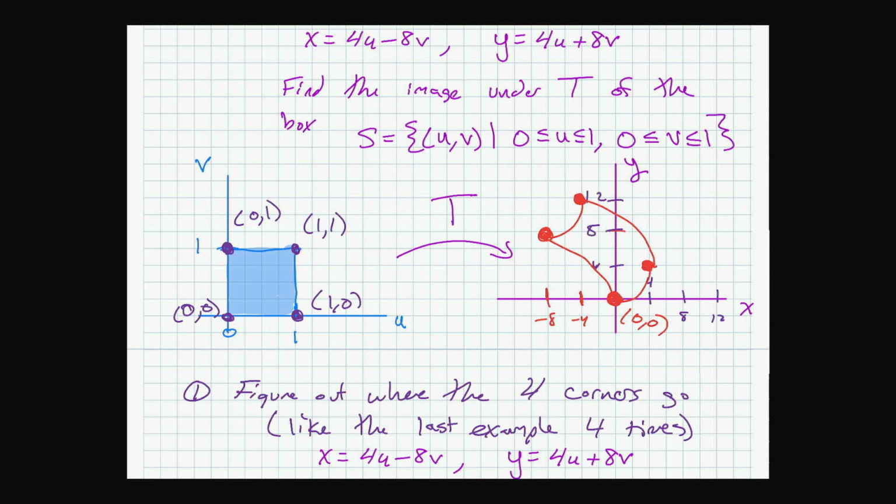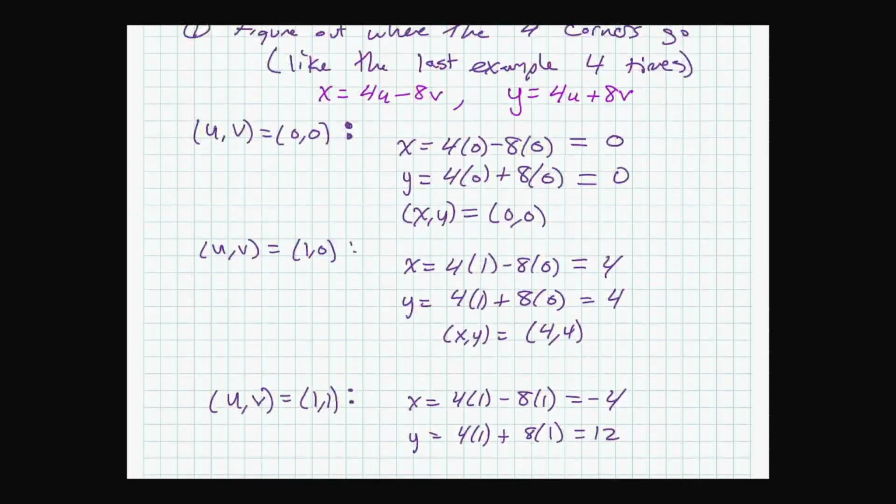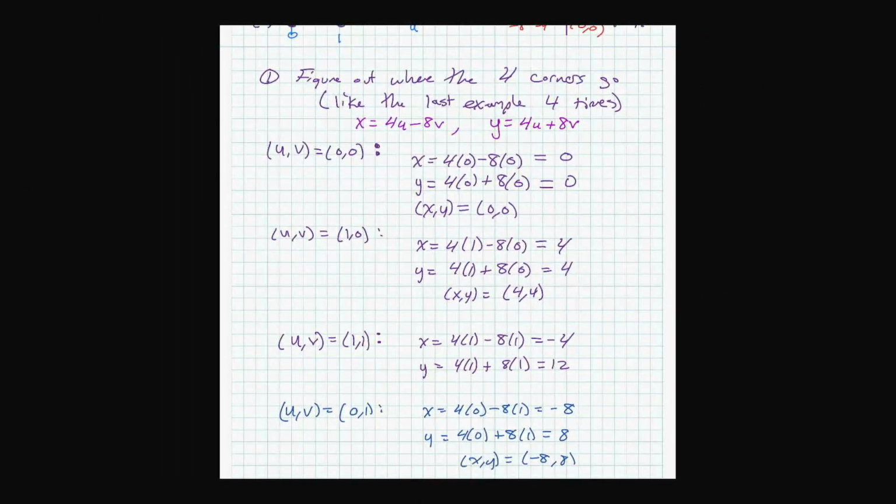Now, when I say you just don't know, I mean, I actually do know they're straight edges. But the way that you would figure out that the lines are straight is actually a little bit tricky. Now, on the homework, they're not making you deal with those curved edges here. So just knowing these 4 points would be enough to get the right answer because it is a rectangle. Okay. But that's why I call this step 1, figure out where the 4 corners go.